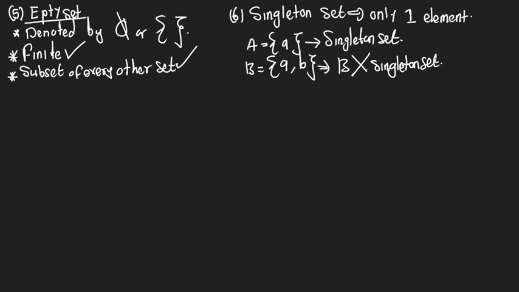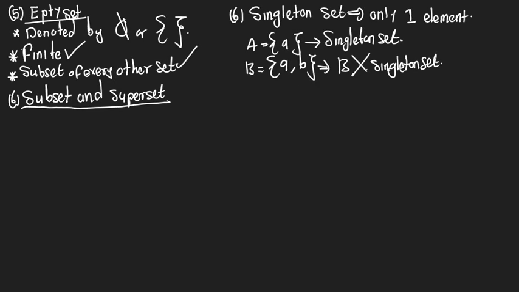Let's talk about a subset. When we talk about a subset, what exactly are we talking about? Subset, superset, what exactly are these? Many people confuse these, but they're very, very simple.